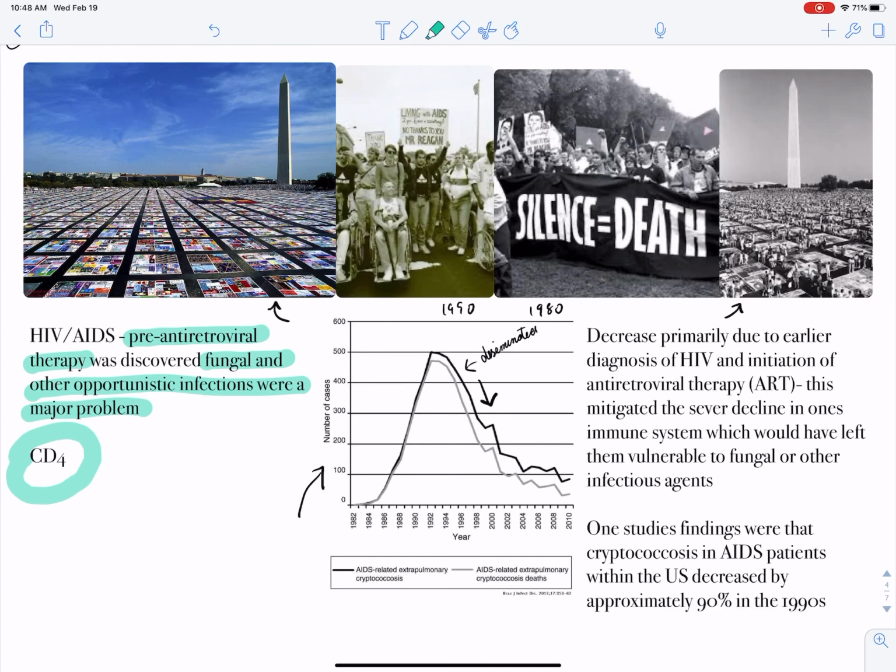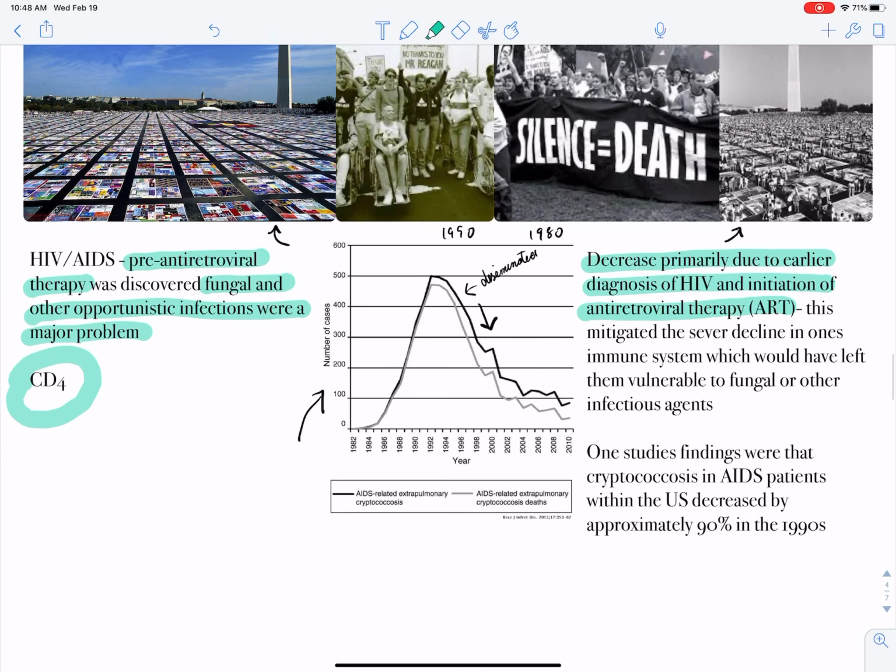And this is going to be primarily due to the introduction of those drugs. So early detection, and again, initiation of antiretroviral therapy. So this is going to mitigate the severe decline in one's immune capacity. So it's going to lessen your susceptibility to these funguses and infections.